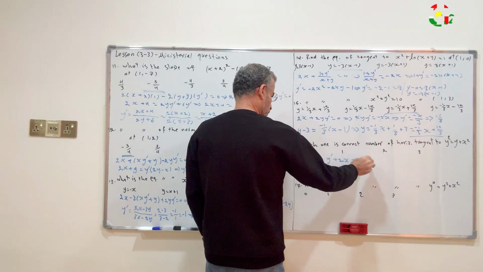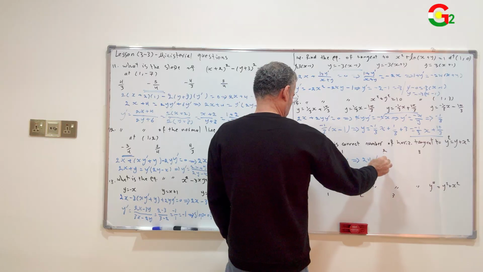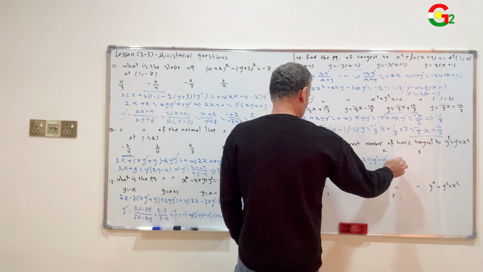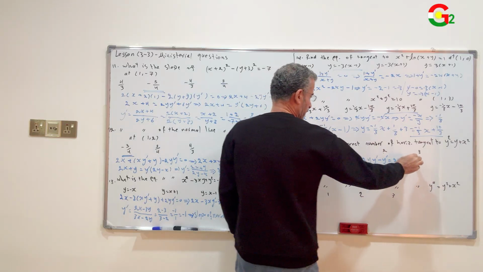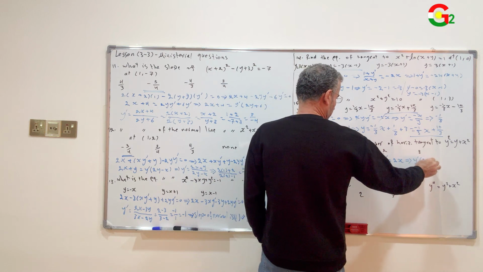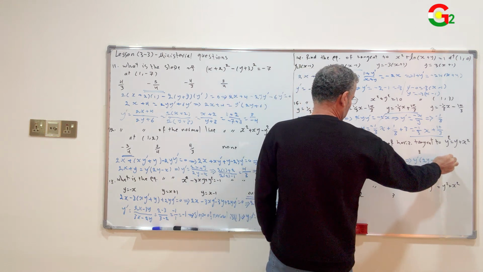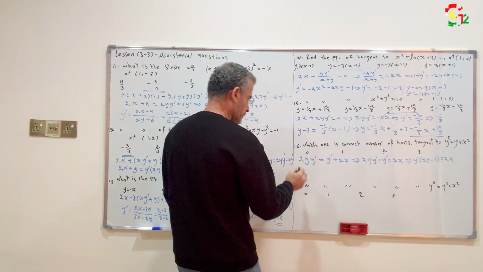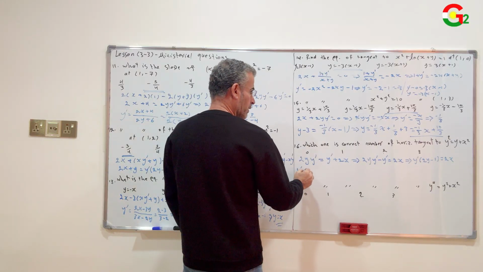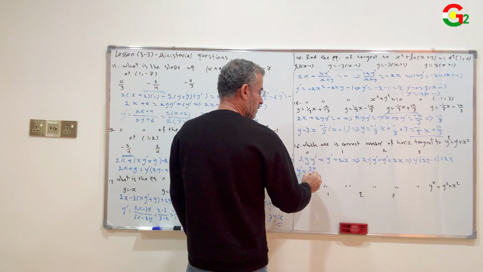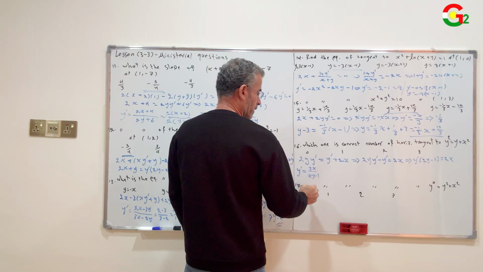Then 2y, y prime minus y prime equals 2x. Then y prime times (2y minus 1) equals 2x. Then y prime equals 2x over 2y minus 1.